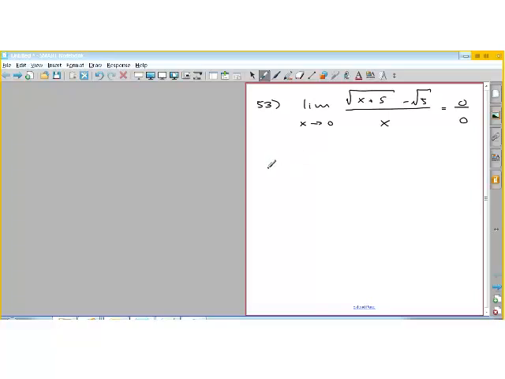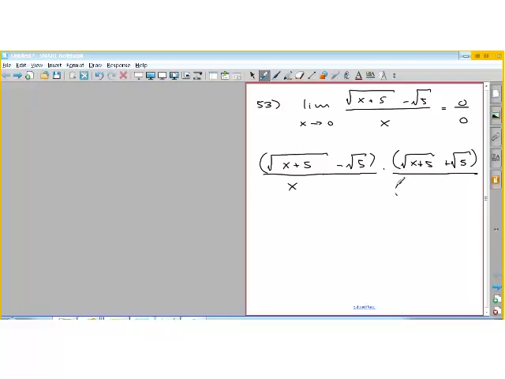So I'm going to just take the original expression, put it in parentheses, multiply by the proper modified version where we change the second term to be positive, and we multiply and divide by the same quantity.